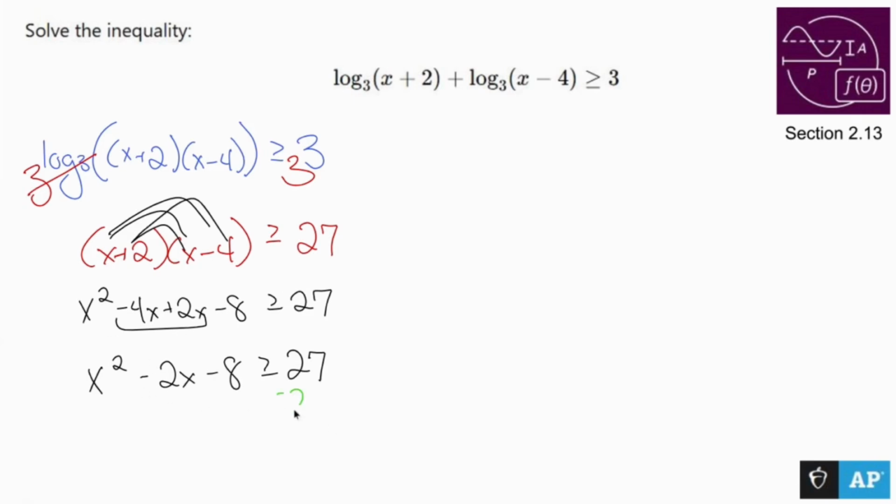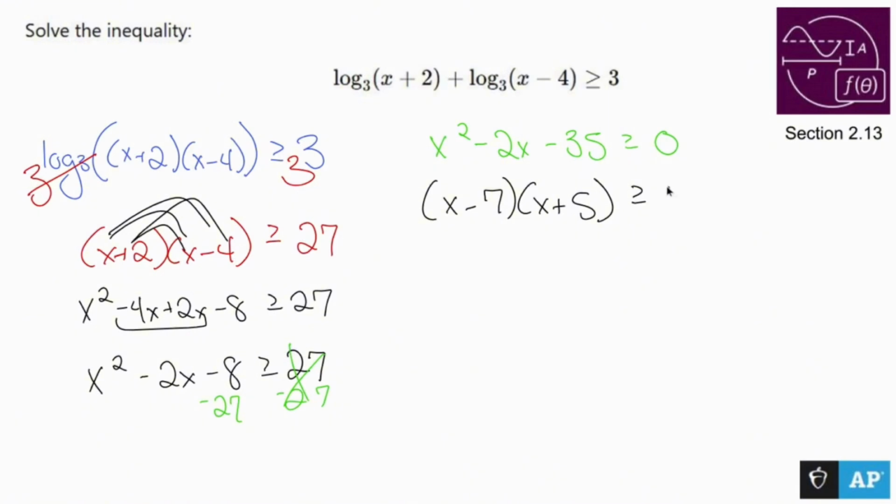Let's subtract 27 from both sides. X squared minus 2x minus 35 is greater than or equal to 0. Let's factor that out. That becomes (x minus 7) times (x plus 5) is greater than or equal to 0.